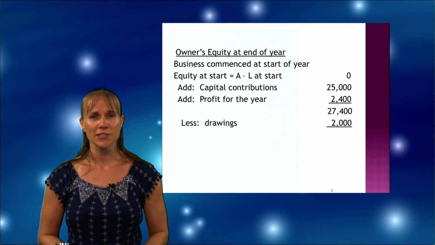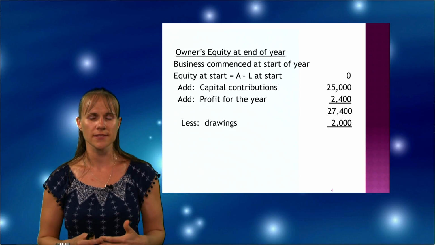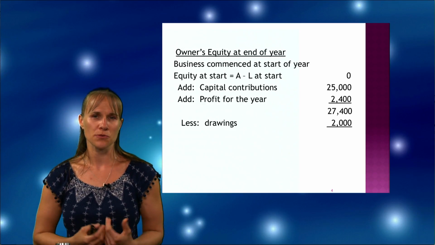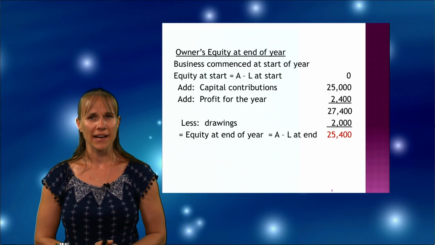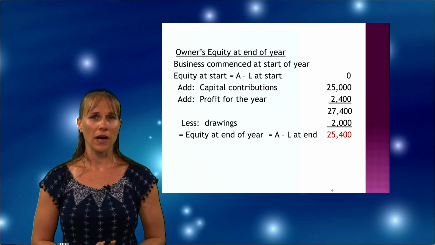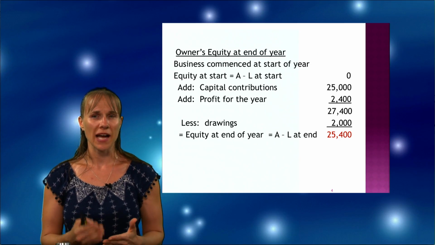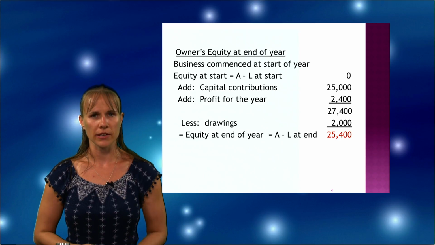So we want to subtract off drawings of $2,000. So the business doesn't owe Hannah as much as it did, because the drawings reflect a bit of a reduction in what's owed. So our equity at the end becomes $25,400. So that also is the equivalent to assets minus liabilities at the end of the accounting period.